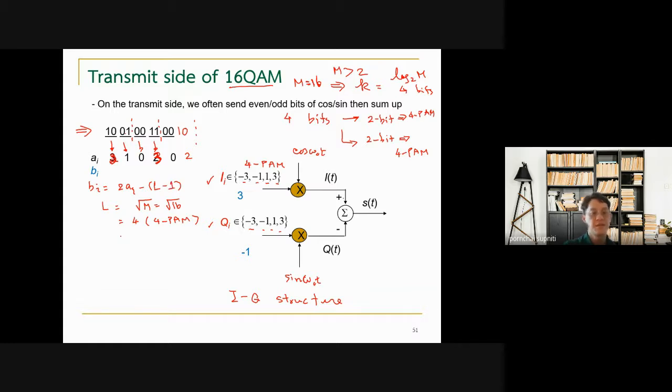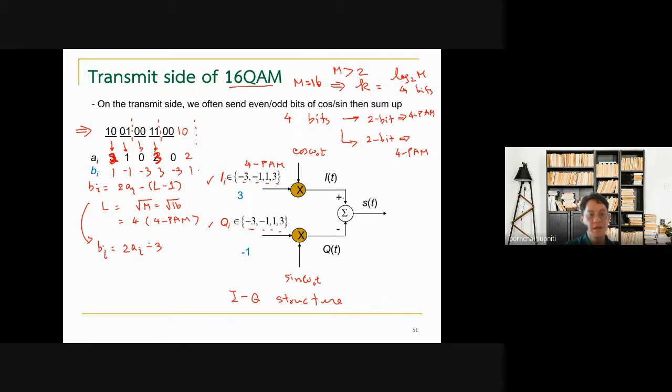So basically b_i is equal to 2i minus 3. If i is 2, it becomes 2 times 2 minus 3, which is 1. 2 times 1 minus 3 is minus 1, and so on. You get the point, right?